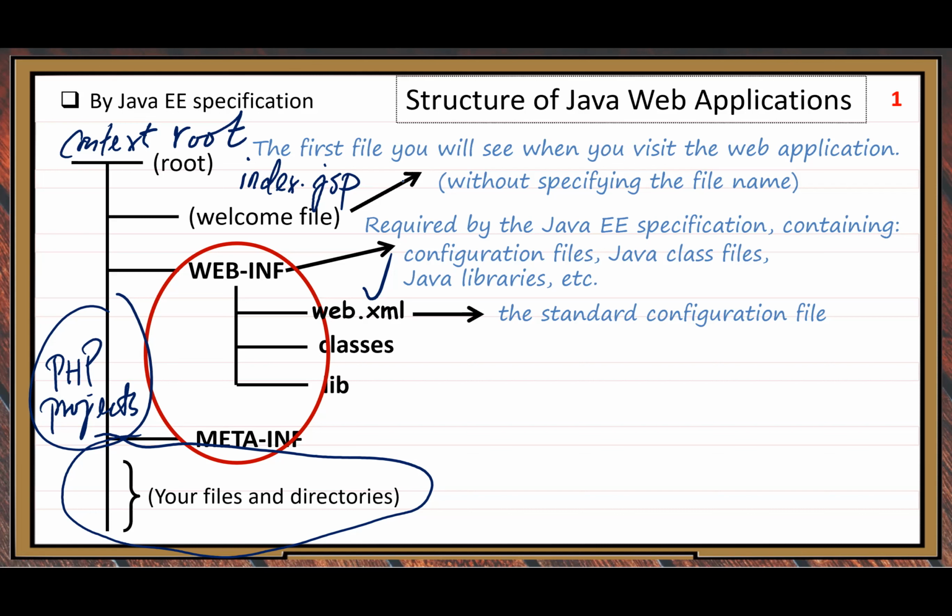Let me just recall the demo I used in Hello World. If you still remember, how did I create that project? In a window, there is a checkbox: do you want to ask Eclipse to generate that web.xml file? There is a small checkbox.